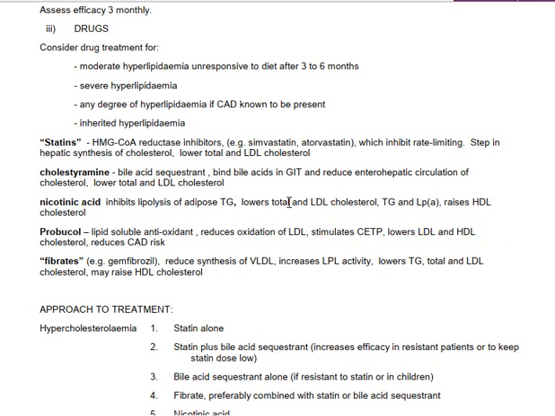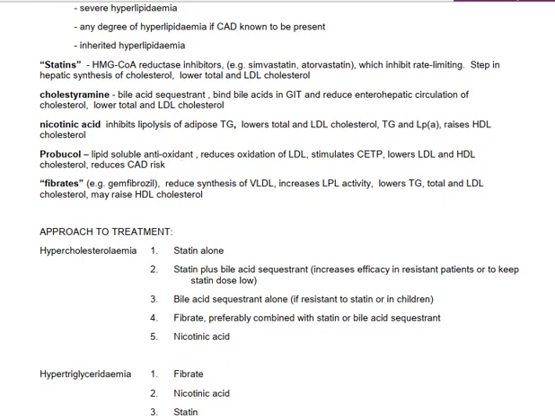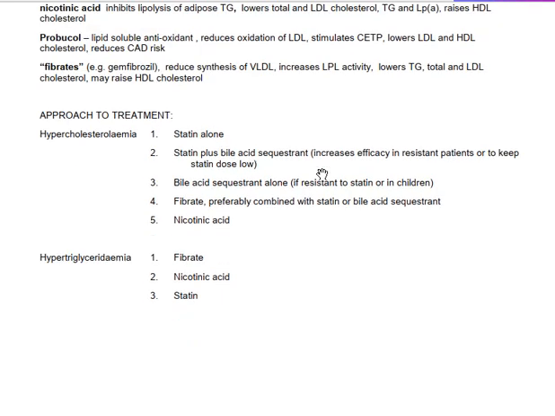Is it clear? Now the next one is fibrates, like gemfibrozil, which is going to reduce the synthesis of VLDL and increase lipoprotein lipase activity. So these are the approaches of the treatment. If you have hypercholesterolemia only, you can use statins alone.